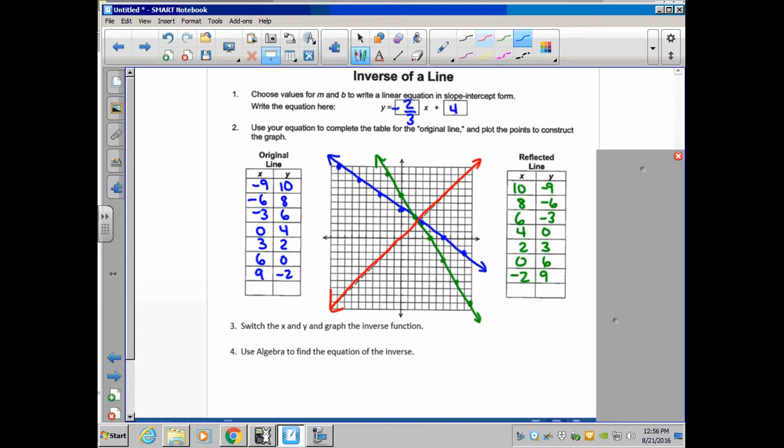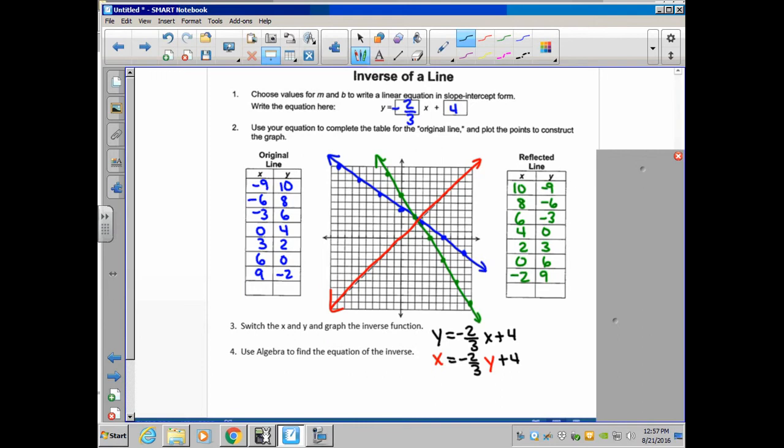So our original equation is y equals negative 2/3 x plus 4. If I switch the x and the y and leave everything else exactly the same, I now have the equation of the inverse, but I have to solve for y.